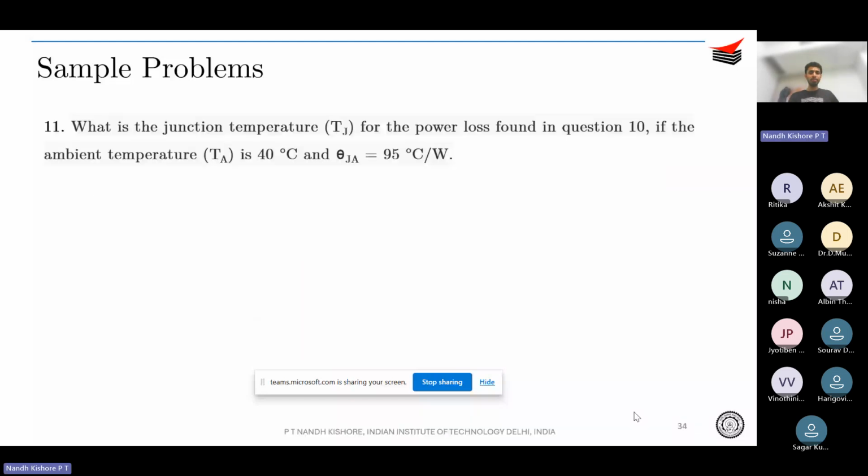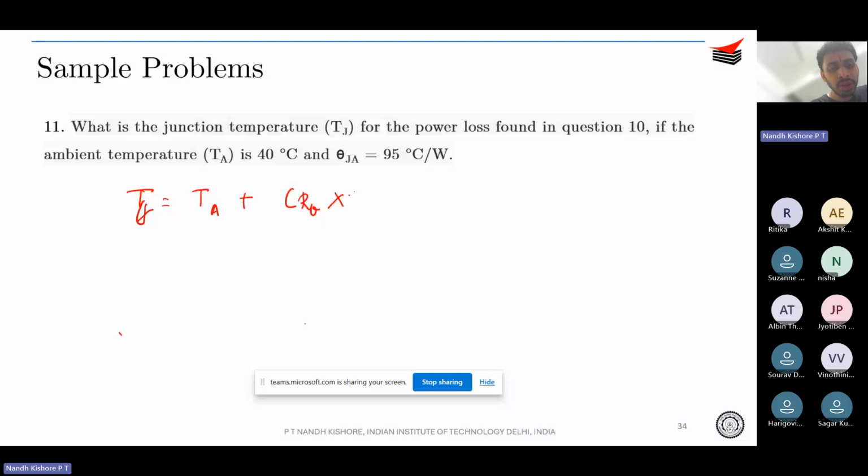Right. So what is the junction temperature for the power loss found in question 10 if the ambient temperature is 40 and theta is 95 degrees per watt? So I guess this is pretty simple. You do know from the temperature profile that TJ is equal to TA plus theta into power loss, right?